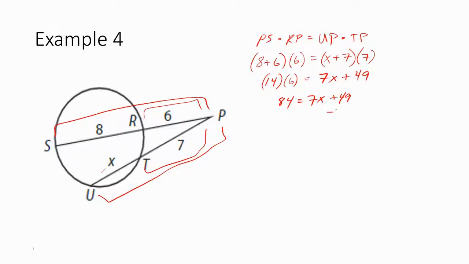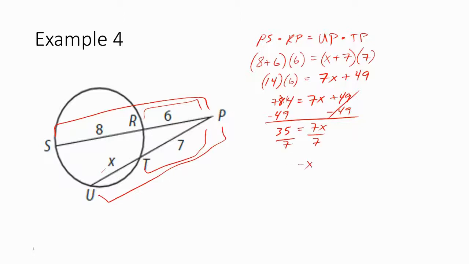Get rid of the plus 49, subtraction property. So we have 7x equaling 35 here. You could do that, right? 5, carry, there you go. And then division property.